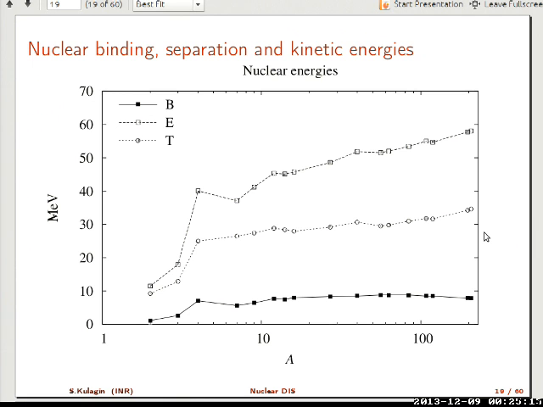This picture, the cartoon, illustrates how the binding energy, separation energy and kinetic energy change with A. The notations are such that this is the binding energy per nucleon with a positive sign, here is the kinetic energy, and this curve is for separation energy. So that gradually rises if you increase the number of nucleons.